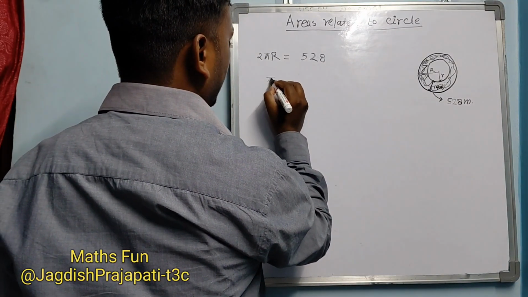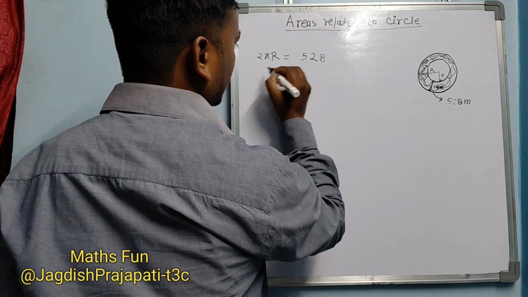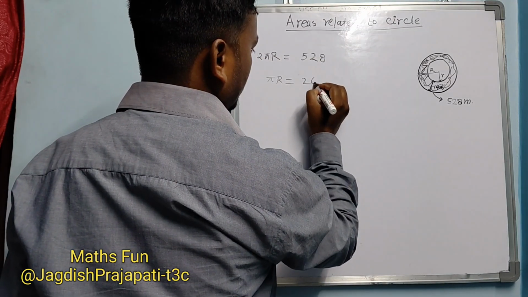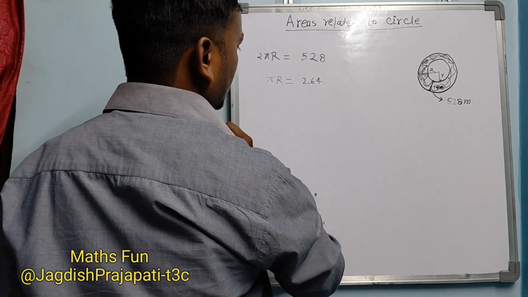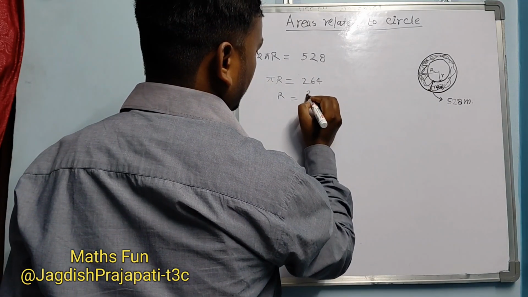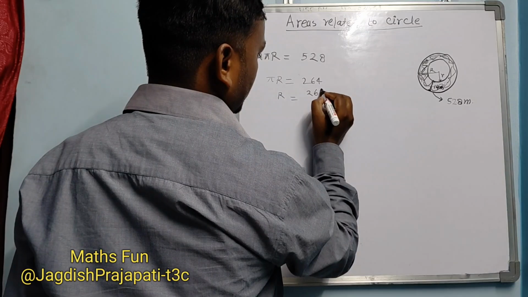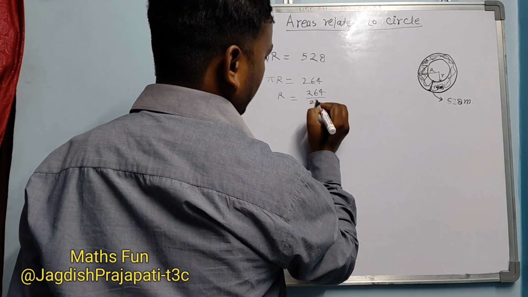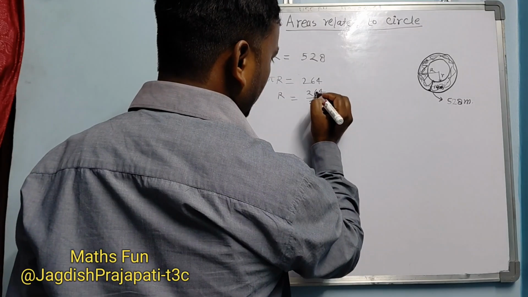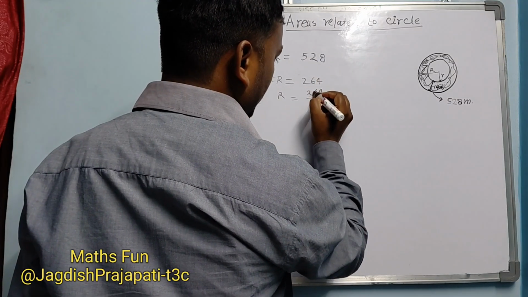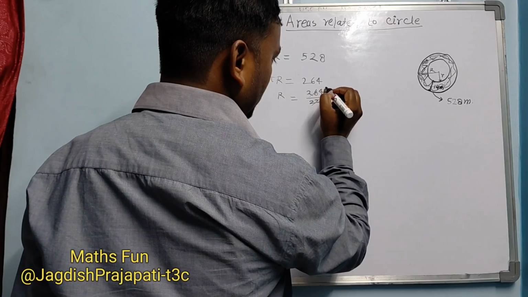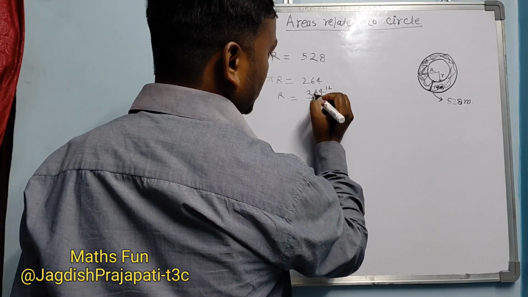So pi R will be 264. So R will be 264 divided by 22 by 7. 22 ones are 22, 4 will be here, so 44, 22 twos are 44.